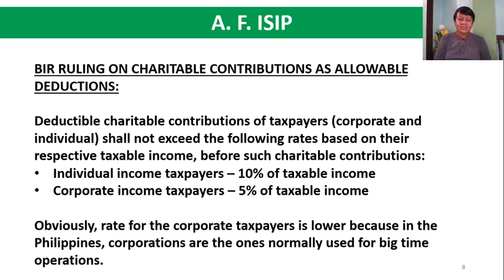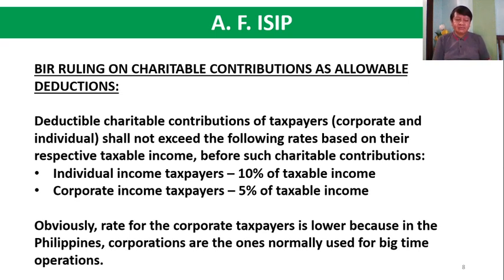Obviously, you may notice the rate for the corporate taxpayer is lower than the individual taxpayer, because in the Philippines, corporations are the ones normally used for big-time operations. Usually, if you will compare the net income of a corporation to an individual, the net income of the corporation is way ahead.